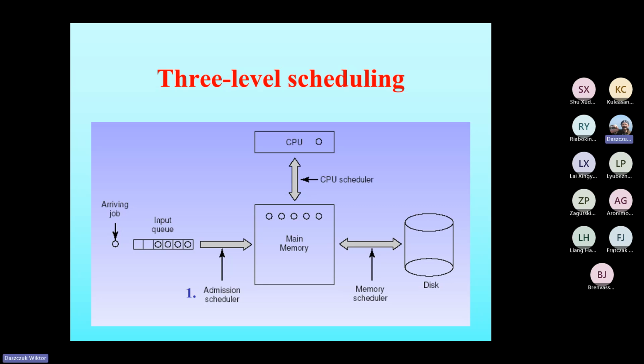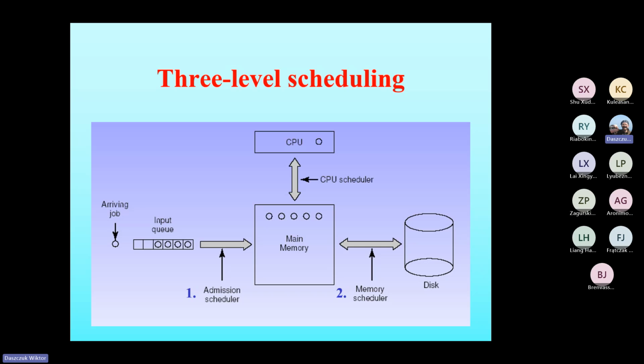Maybe because the computer is overloaded, we let only part of the queue of waiting jobs run on the computer, and some are temporarily suspended from entering. The second level, the middle level, is letting the programs take some memory. Because if we allocate the resources needed to run, the second to last resource to allocate is memory.